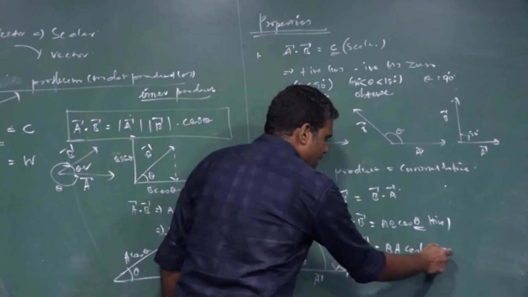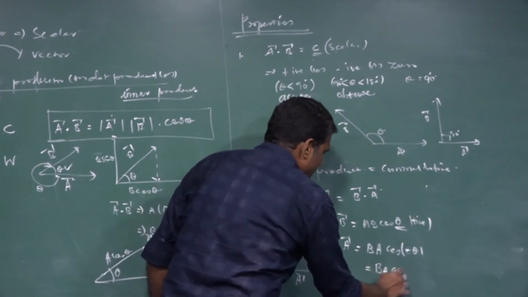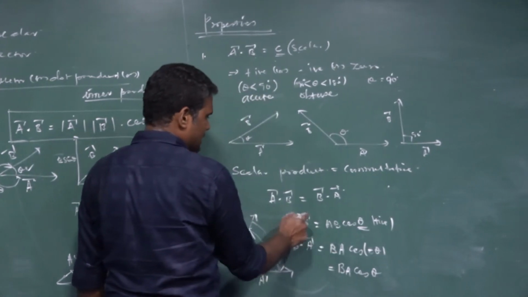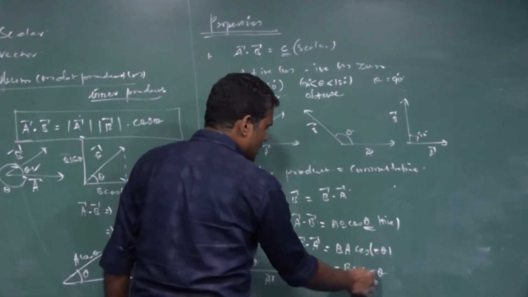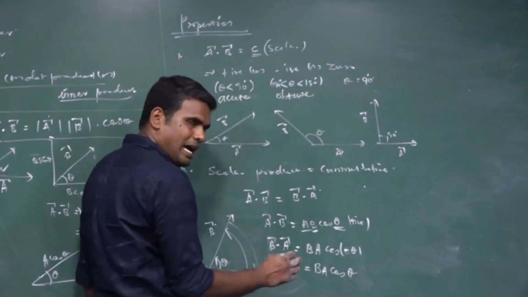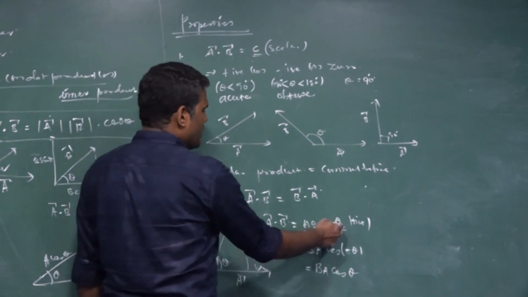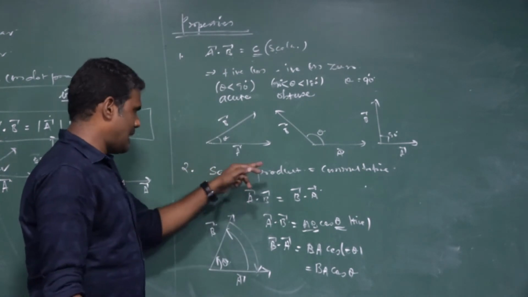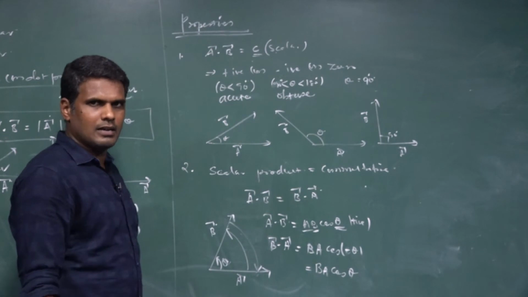So cos of minus theta is cos theta itself, as it is an even function. So we have BA cos theta. If you compare these two expressions, you have AB cos theta and BA cos theta. AB is simply magnitudes, so 1 into 2, 2 into 1, both are the same. So the scalar dot product is commutative: A vector dot B vector is equal to B vector dot A vector.